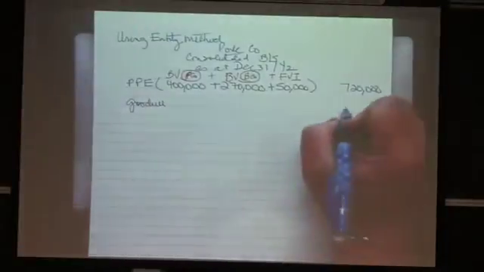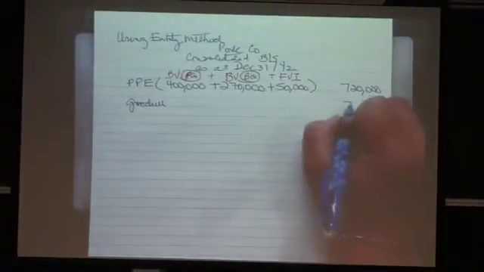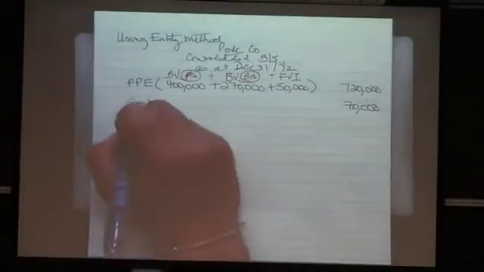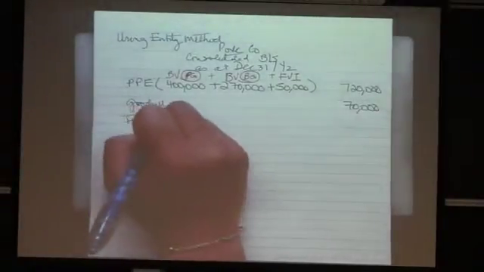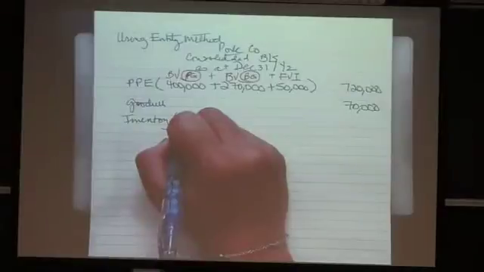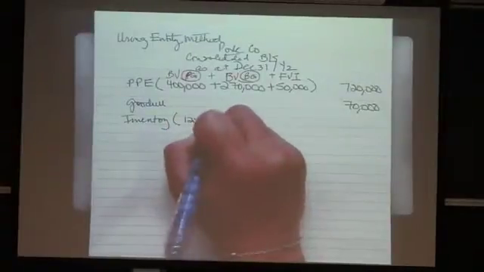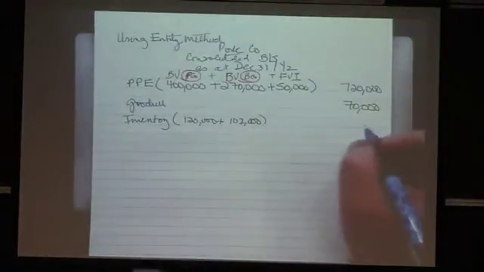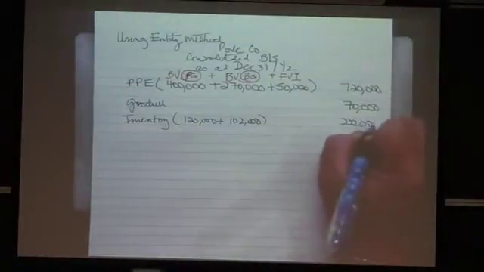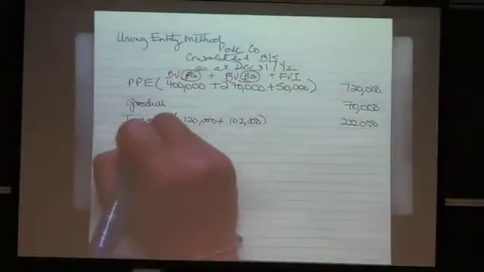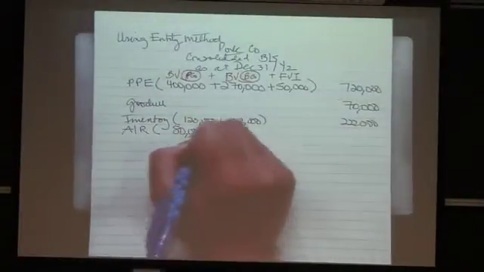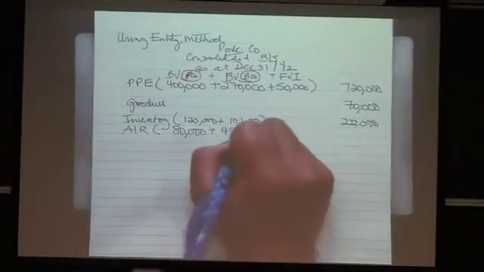And goodwill, we know we calculate that to be $70,000. Inventory, there were no fair value increments, so we're just going to add the 120 plus the 102. Accounts receivable, again the same idea. We're going to add the 80,000 and the 48,000.